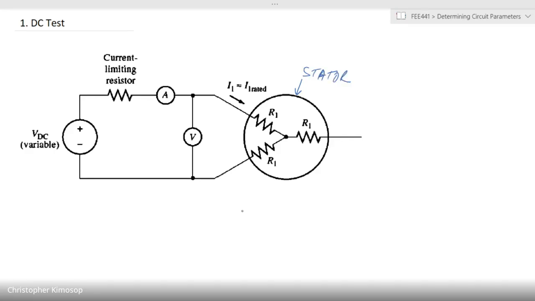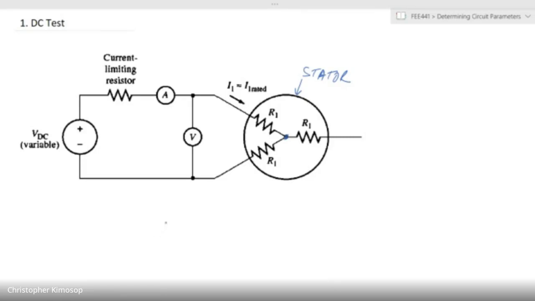Now, what happens with the DC test is that you will apply a DC voltage to the windings. In this case, the windings are connected together in a star formation, so the ends of one side of each of the windings are short-circuited together so that you are able to get a supply from one end through to the other.